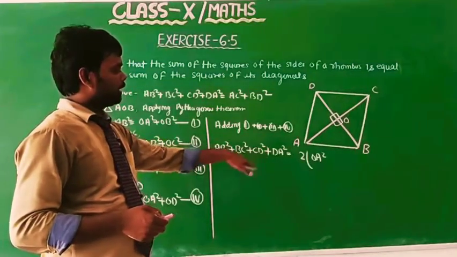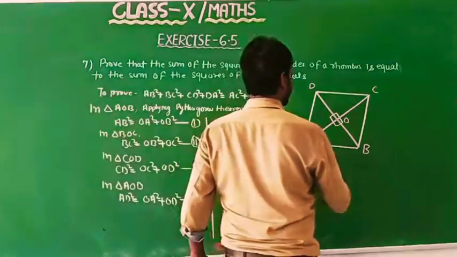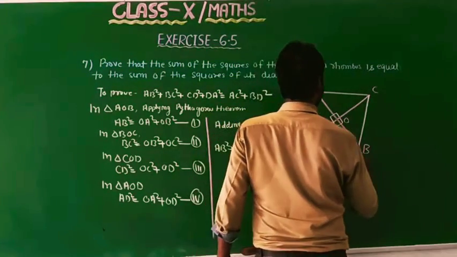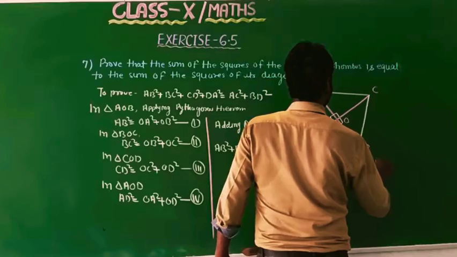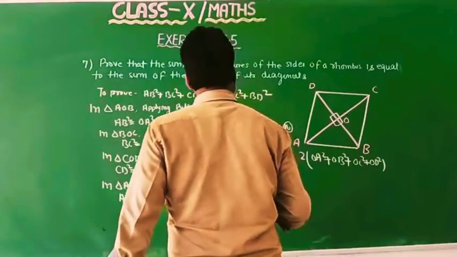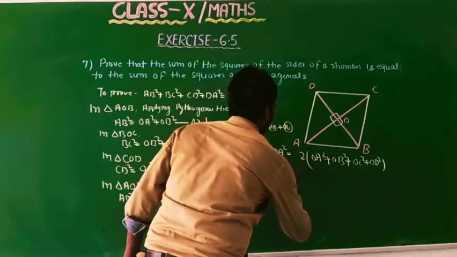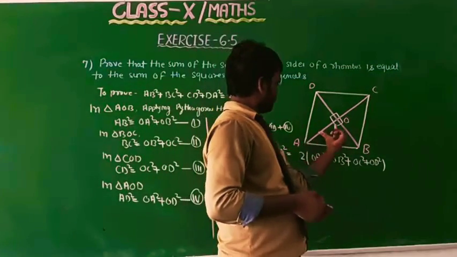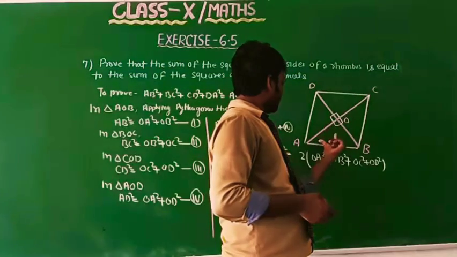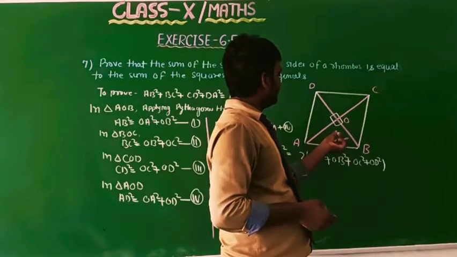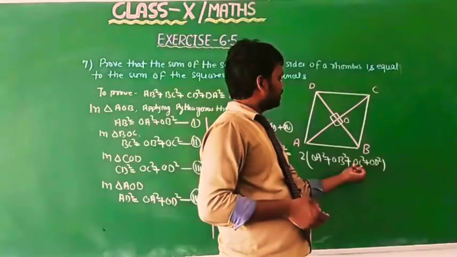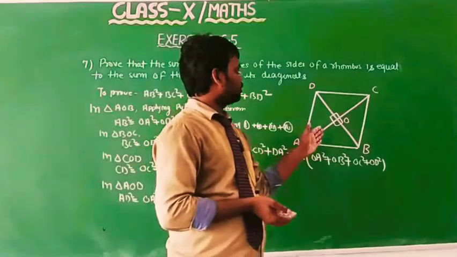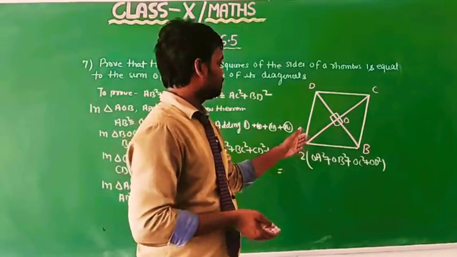So now taking common, we will get OA square, OB square, OC square and OD square. Now here OA and OB, and this is OC and OD. And as you know, the diagonals bisect each other.